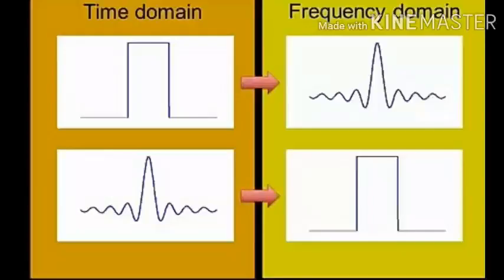So the Fourier transform is essentially a shift from the time domain to the frequency domain. On the left side we can see a square wave, a time domain square wave. This square wave is composed of a large number of frequencies, a mix where some frequencies are dominating and some are very small.